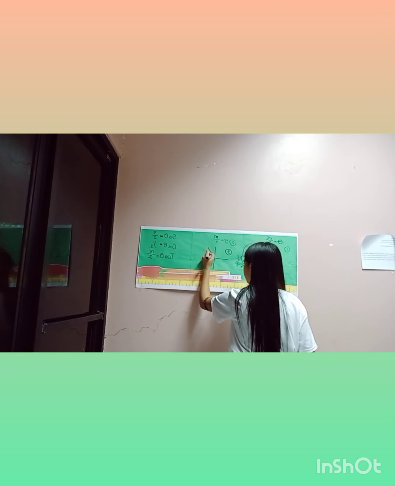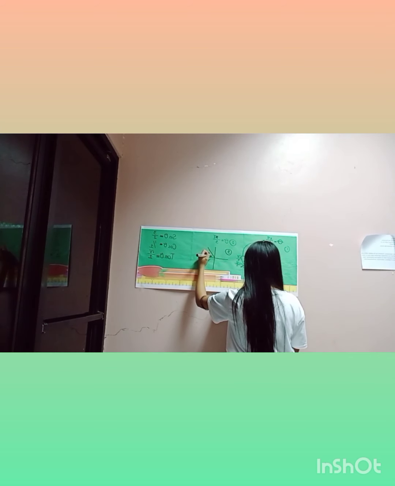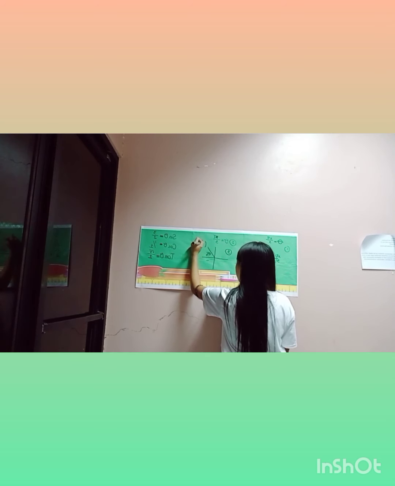So here, this angle is pi over 3, and this coordinate point is 1/2, comma, square root of 3 over 2. That is our coordinate.